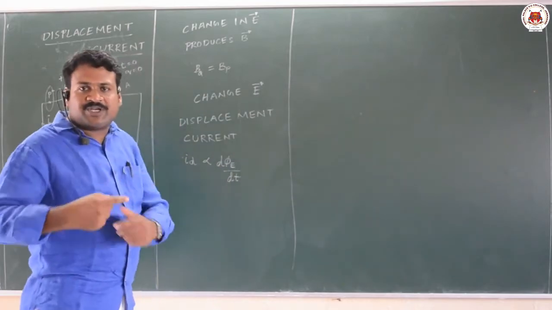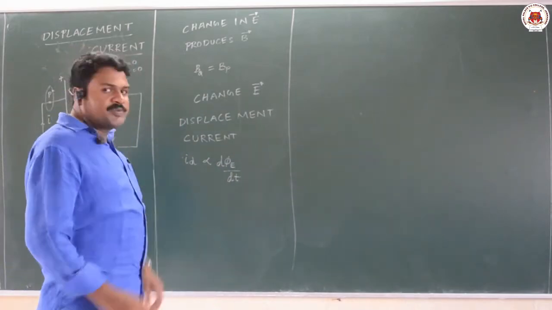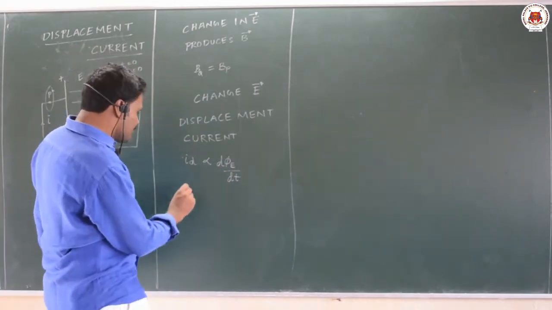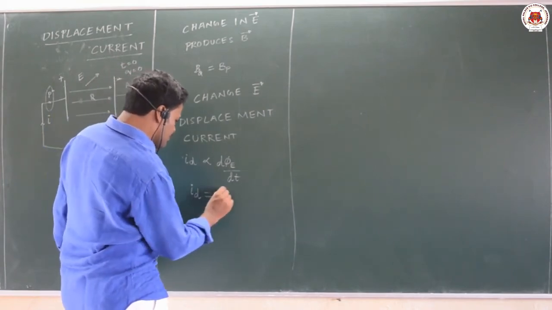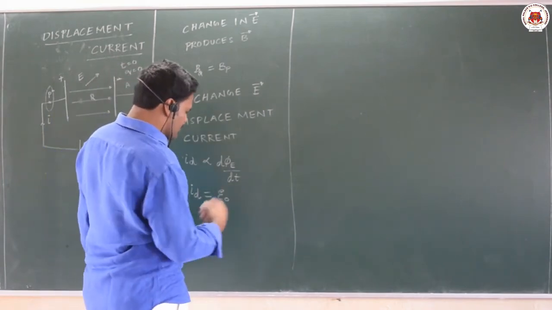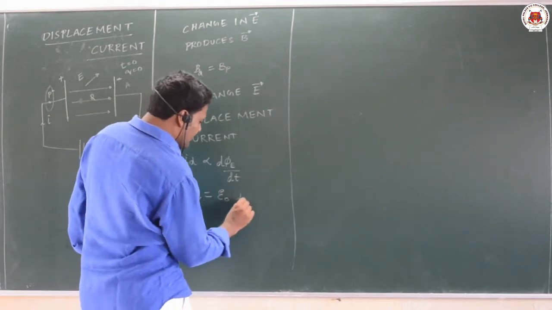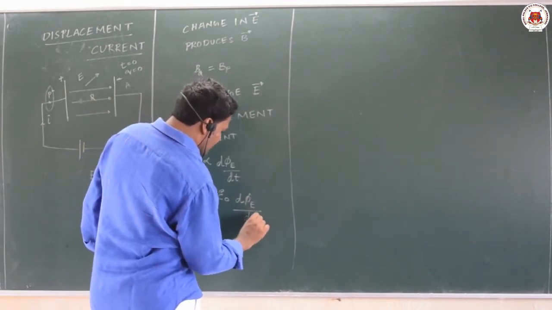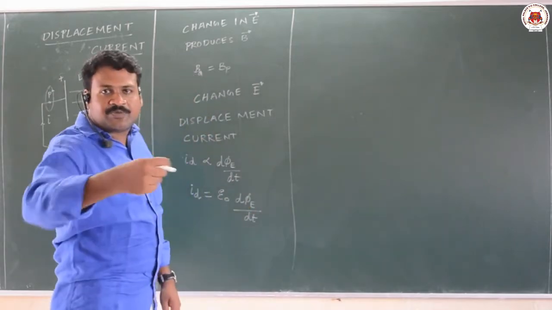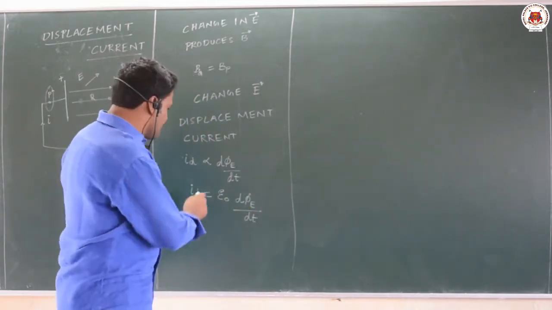Change in electric flux by time taken is responsible for displacement current. If you remove proportionality by using dimensional formula, he wrote that it is equal to epsilon naught d(phi_E) by dt. The rate of change of electric flux produces displacement current.